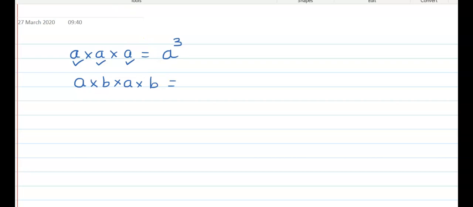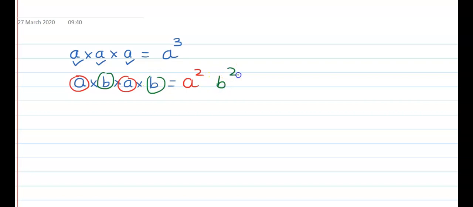In this case, we write a separately, like collecting like terms. How many a's are there with a multiplication sign? 2. So a to the power 2, and how many b's are there? There will be 2 b's. So b to the power 2, and in between there is a multiplication sign, a squared and b squared.